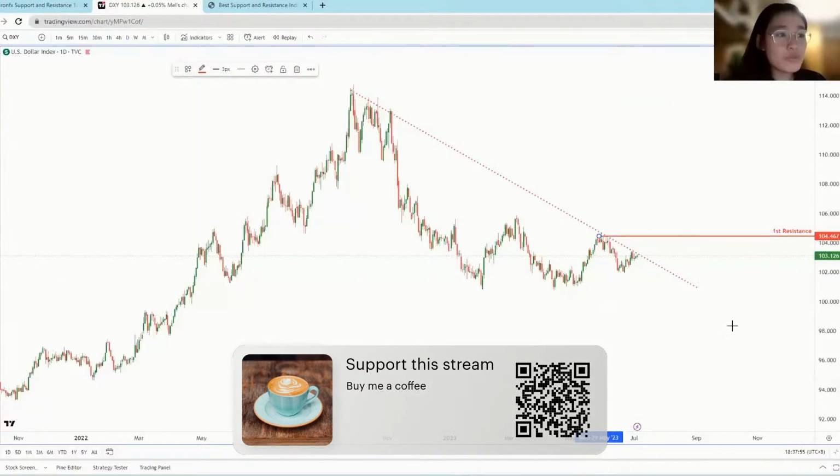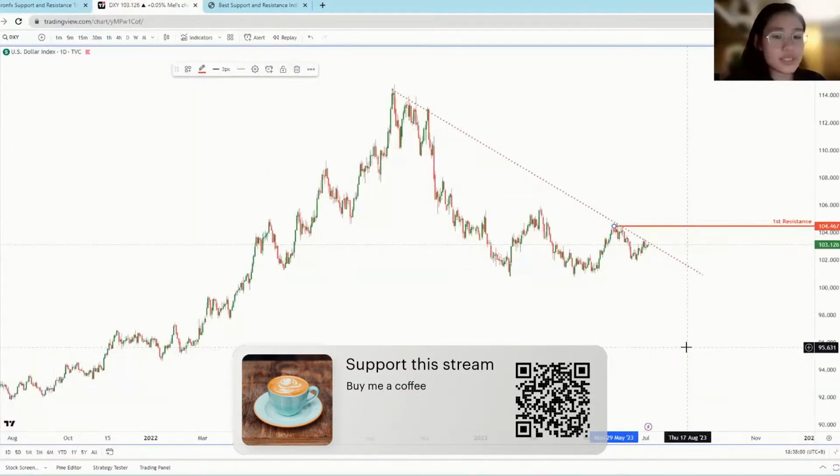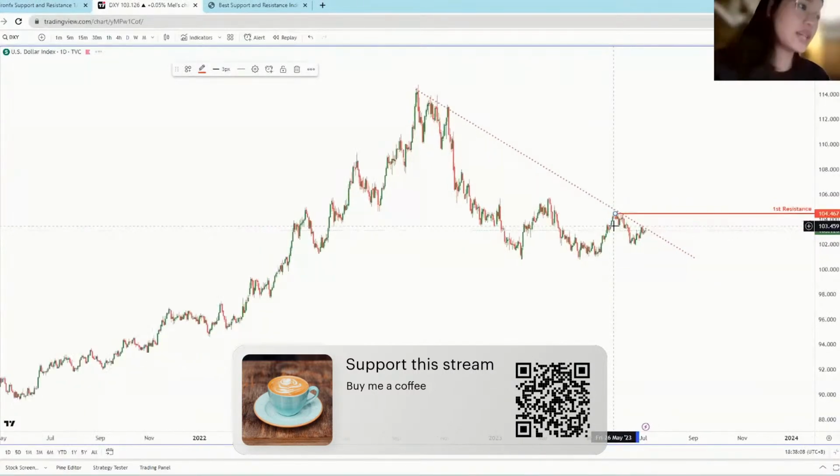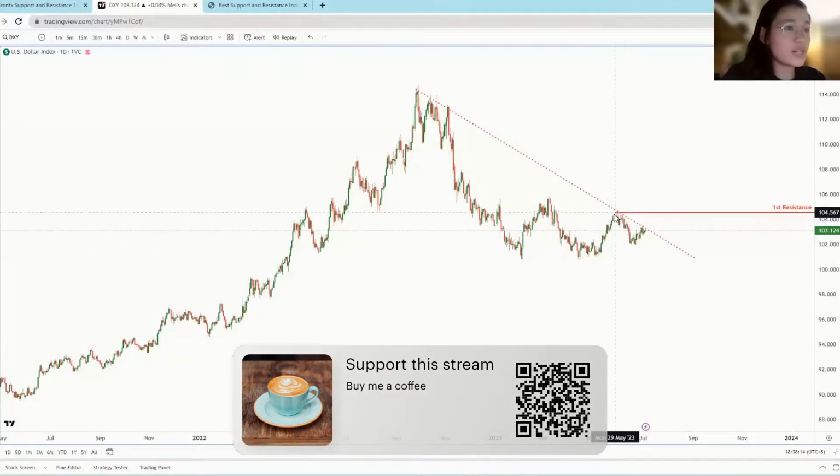When we're first going in with our graphical analysis, we start off by identifying our first resistance as the closest swing high to where price is currently at, and then we see if we can pull it back any further without cutting too many candlesticks.